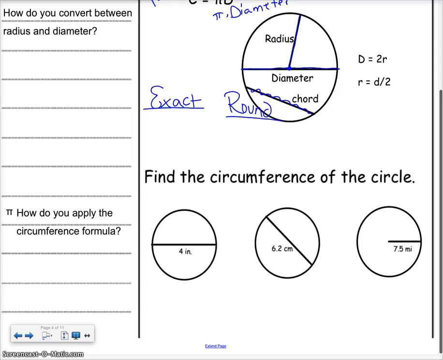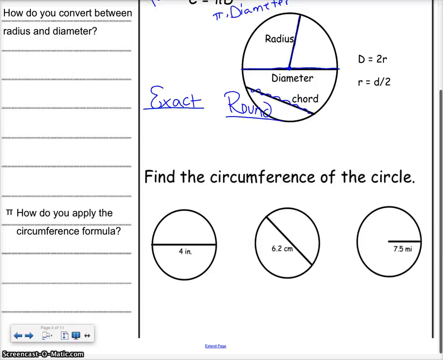If I say, what is the exact circumference? That means you do not round at all. Pi is an irrational number. Pi is the ratio of a circle's circumference to its diameter. It never ends. It goes on for infinity. So if I say exact, you cannot round it. You have to keep it exact.